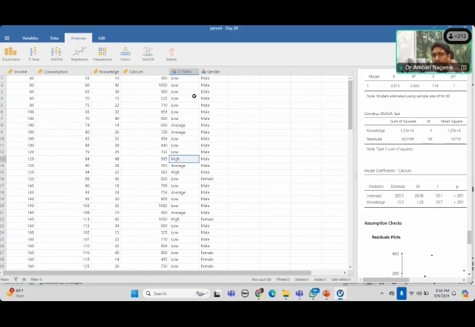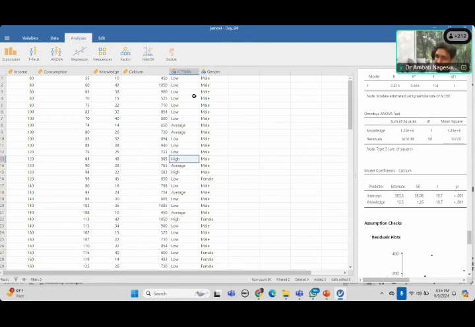It means you have collected quantitative data and converted it into ordinal data, which is easy to do. Now we have ordinal data: low, average, high. We have orders. This is called ordinal data.